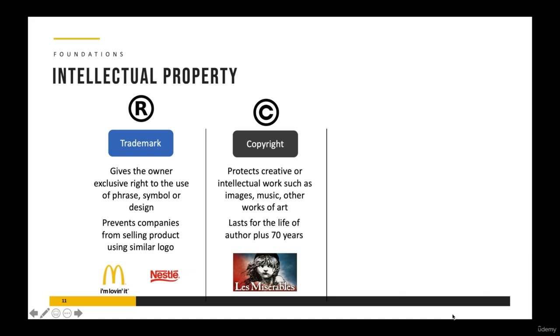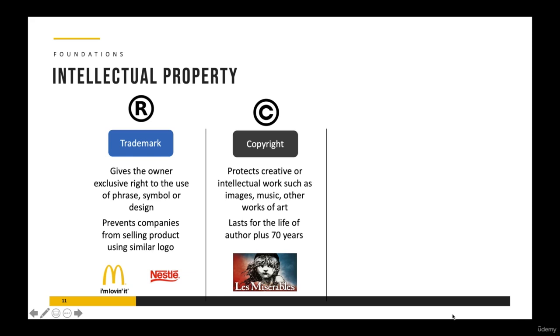The next is copyright, which basically protects creative or intellectual works such as images, music, and other works of art. Now, copyright is valid for the life of the author and then an additional 70 years after that. An important point to note is that for copyright, it is nice to get it registered, but even if it is not registered and you can show the date of publication, whether it's online or in the form of a book or anything, then you already own the copyright to that.